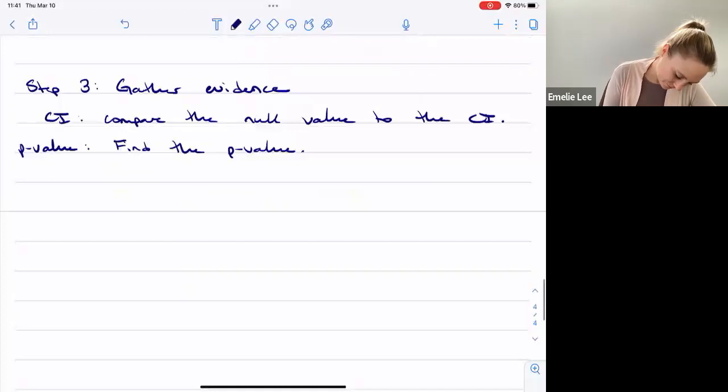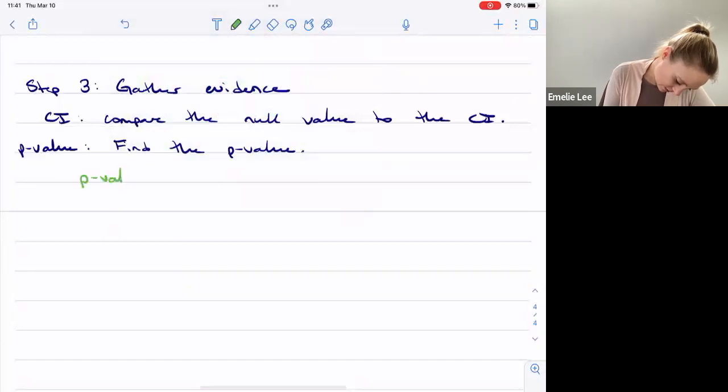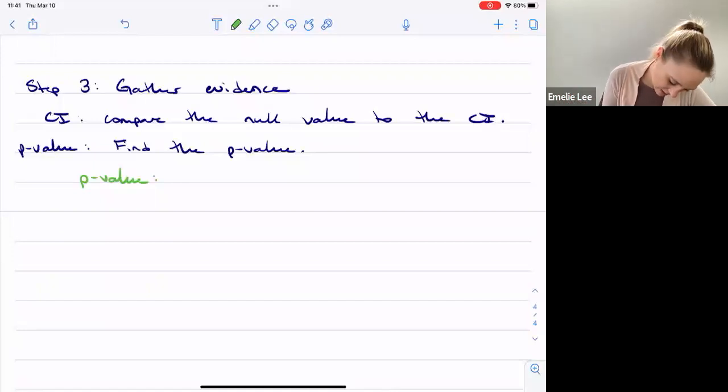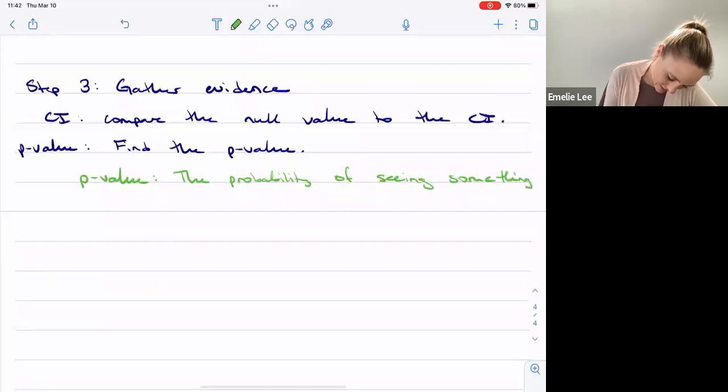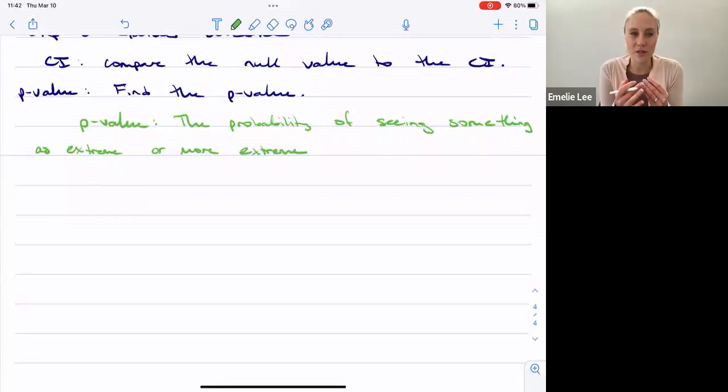So a p-value is a probability, and it's the probability of seeing something as extreme or more extreme than what you saw in your sample.